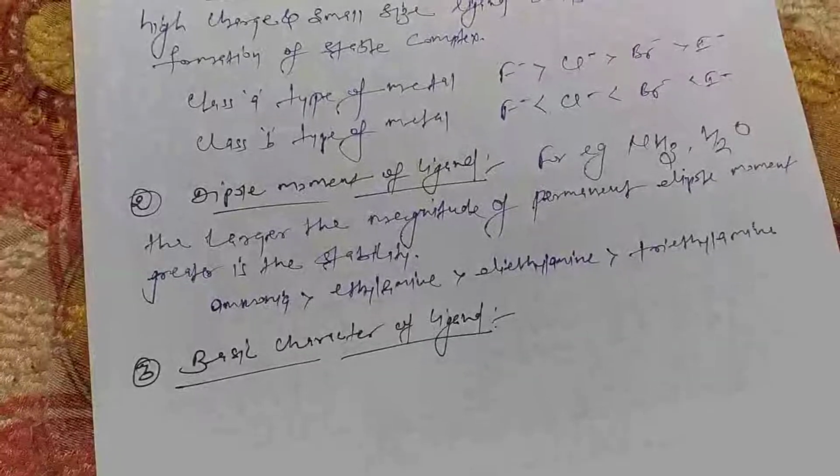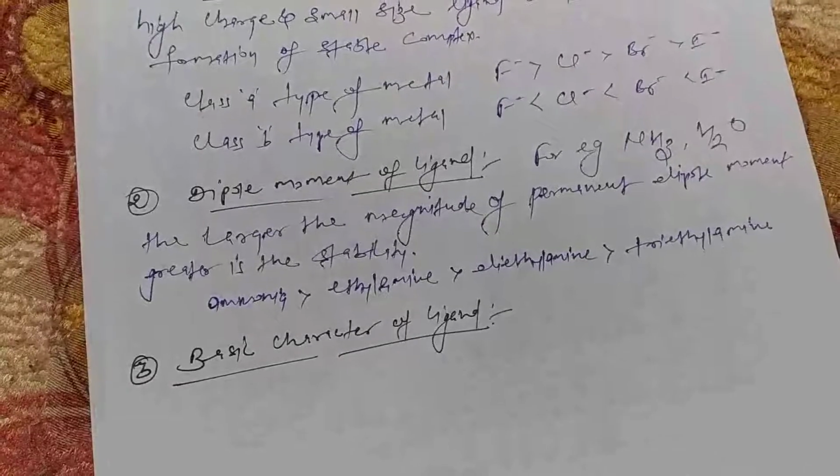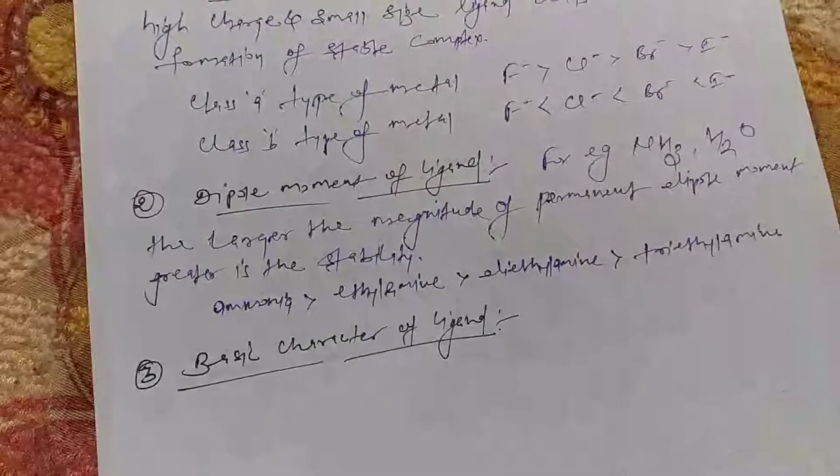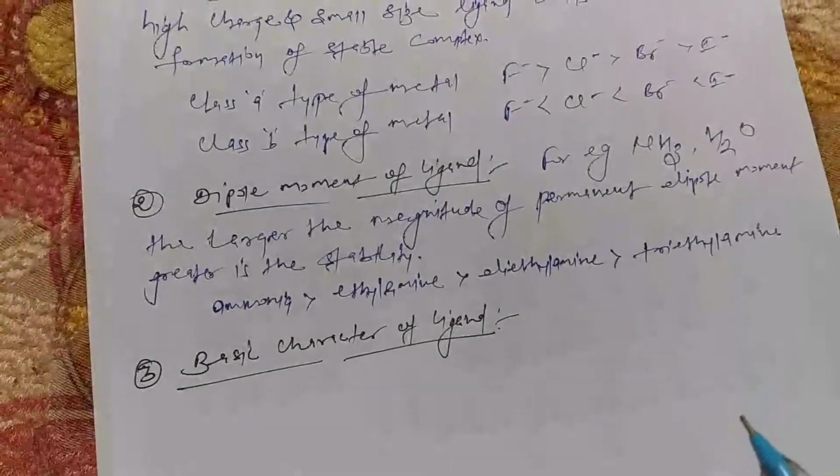Suppose we have fluorine, chlorine, bromine, iodine, that means the halogens.